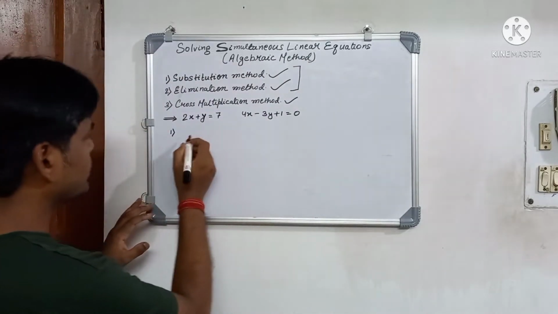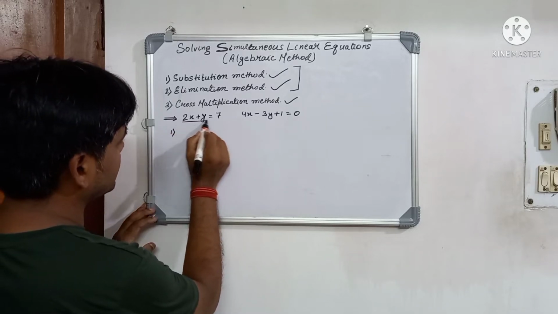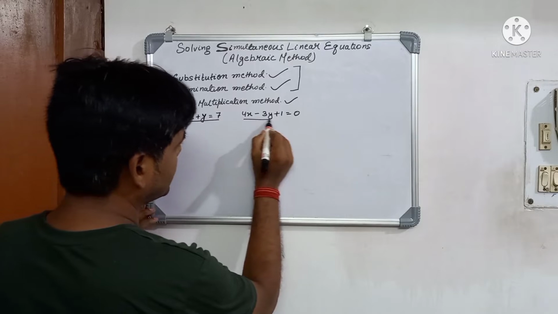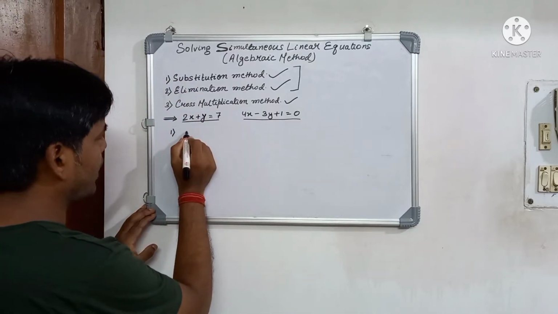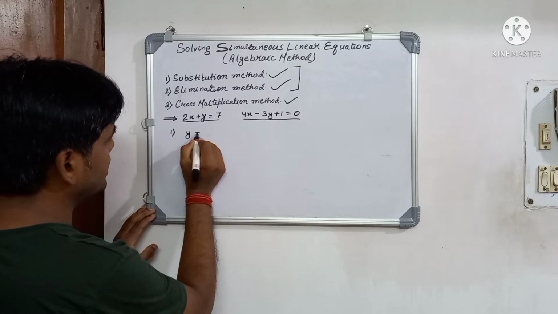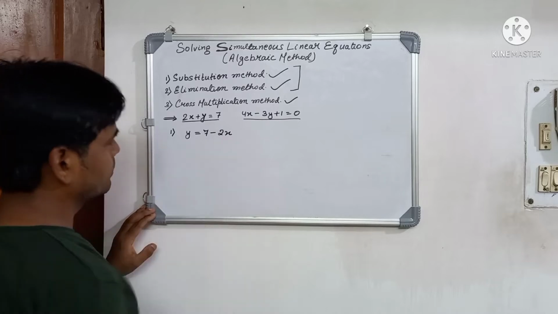Fine, let us do that. Let me take this equation as the first equation and this one as the second equation. I am going to express the first equation in terms of y, so y is equal to 7 minus 2x.